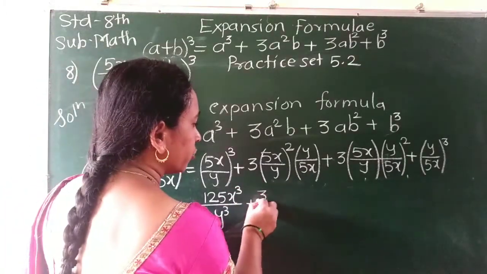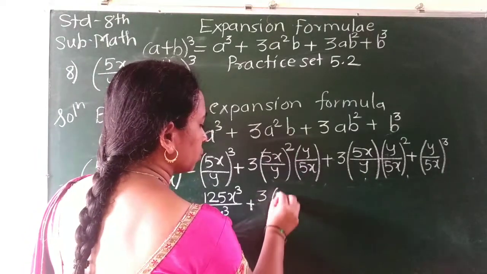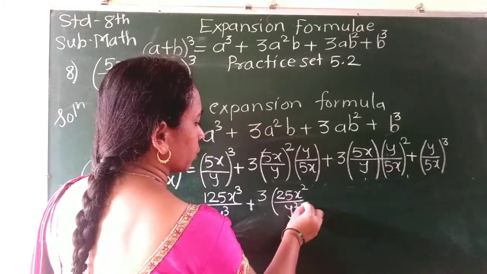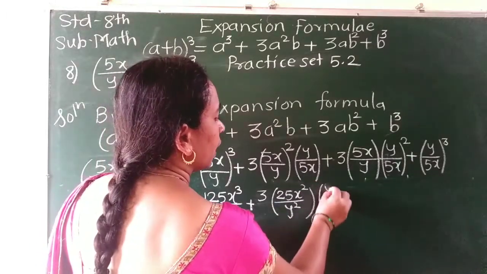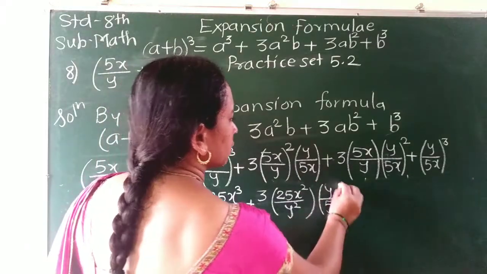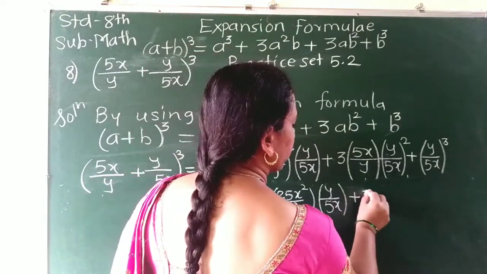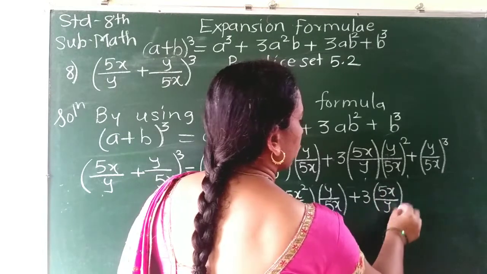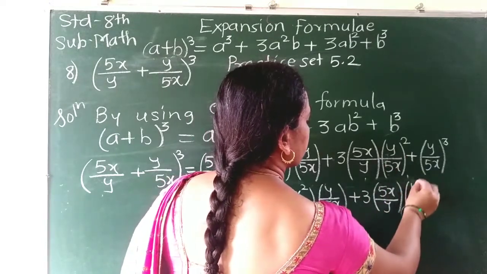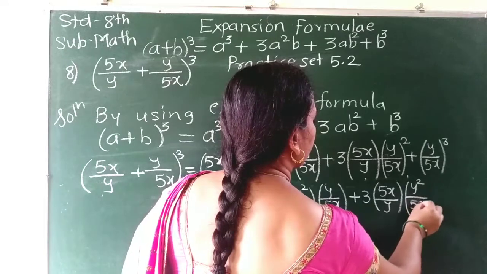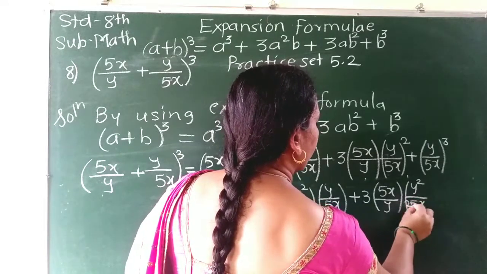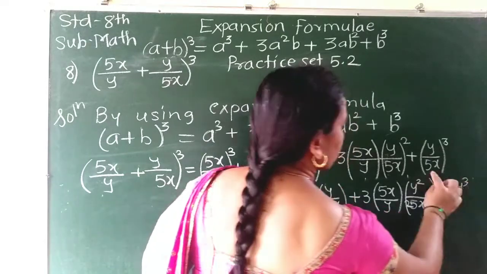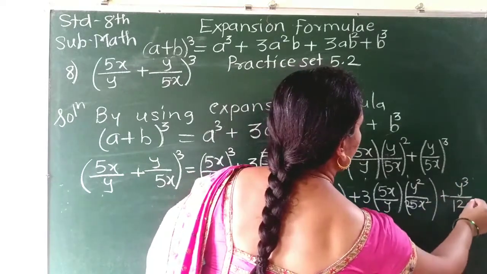So here we will get 3, 5x square means 25 x square upon y square. Here y upon 5x, plus 3 into 5x upon y, and here square of this would be y square upon 5 square would be 25 x square, and here y cube of this would be 125 x cube.